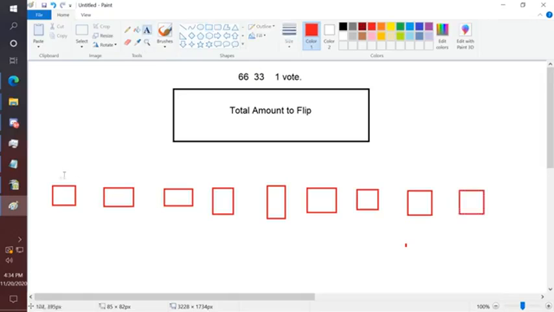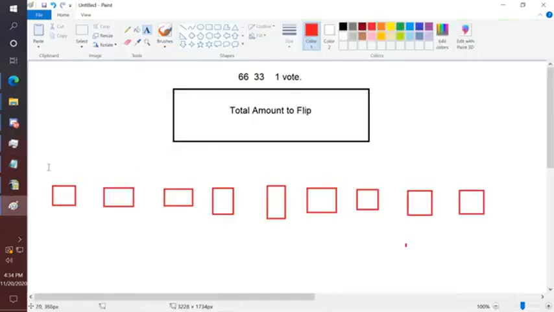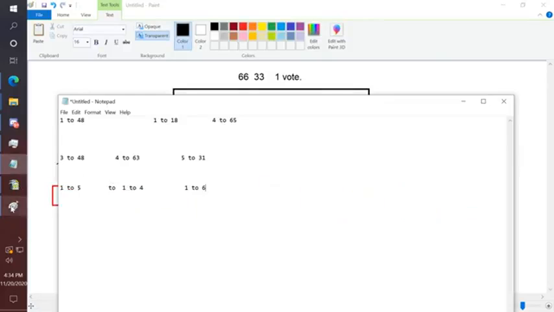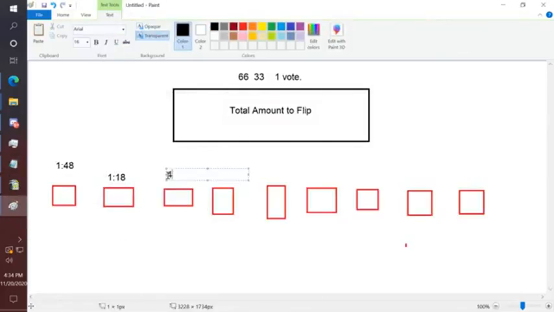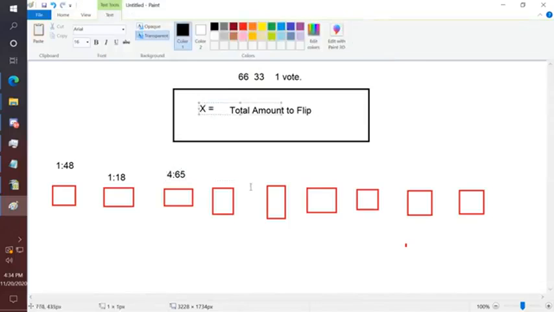So it says we're going to take a certain ratio. So this box will have 1 to 48 ratio of ballots. I'm just going to kind of make the numbers up because I don't want to keep going back to the machine too much. 4 to 65. So X equals total amount to flip.